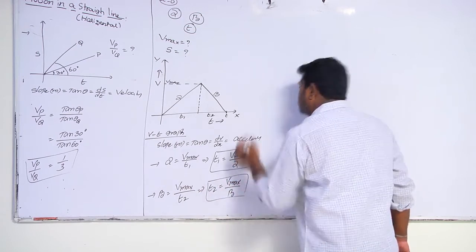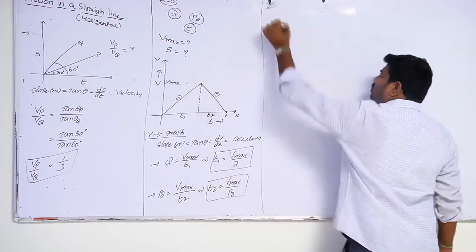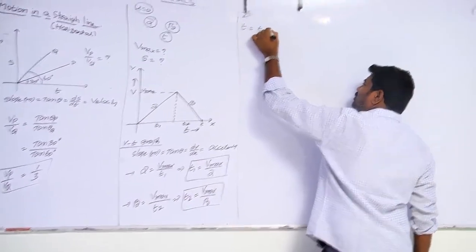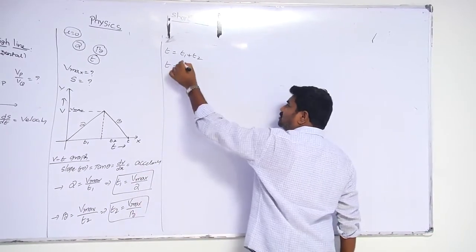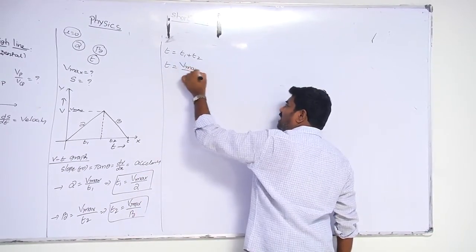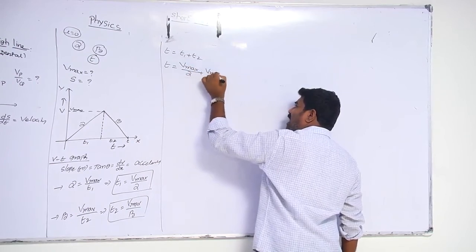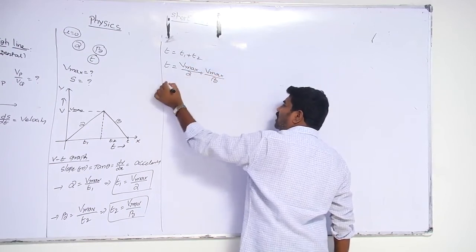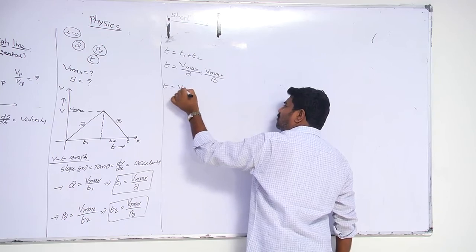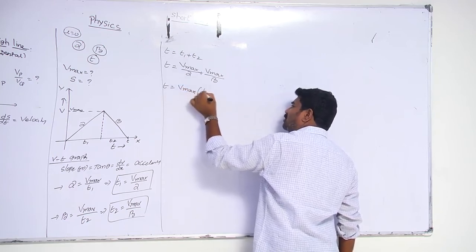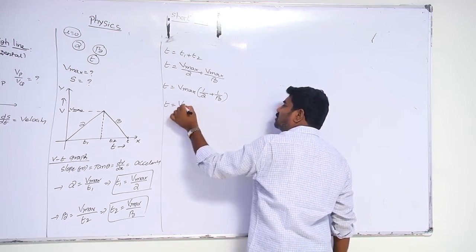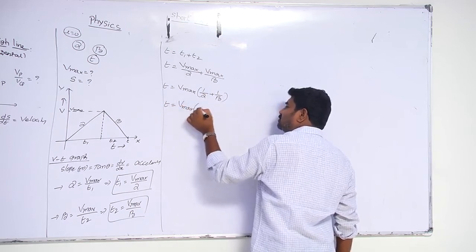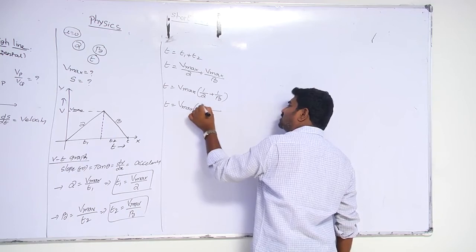So what is the total time? t is equal to t1 plus t2. t1 is V max by alpha, plus V max by beta. So t is equal to V max, which is common, into 1 by alpha plus 1 by beta. t is equal to V max into alpha plus beta by alpha beta, the LCM.